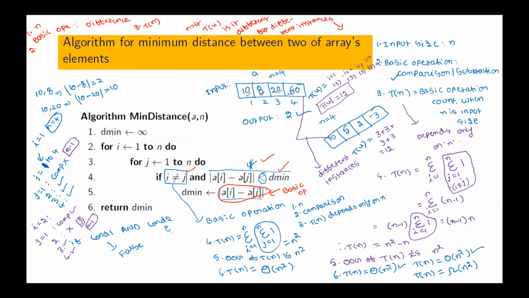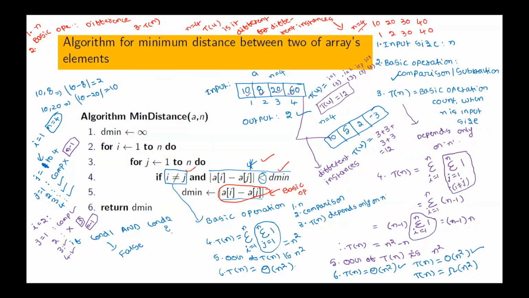For example, if n equals 4 values, take 10, 20, 30, 40. The next instance is 1, 2, 30, 40. In both cases, n equals 4.